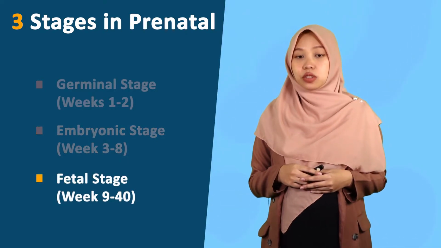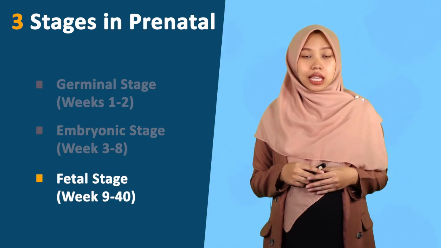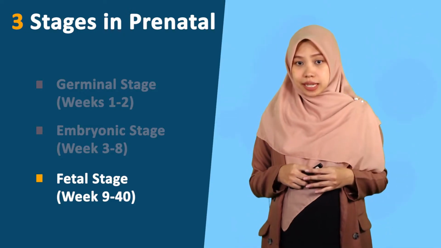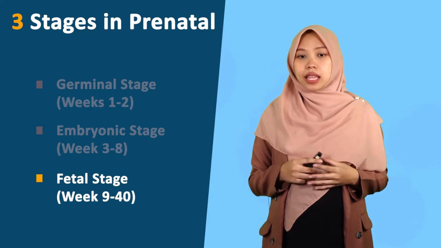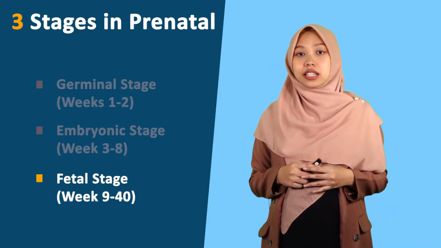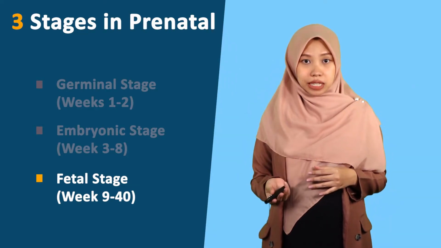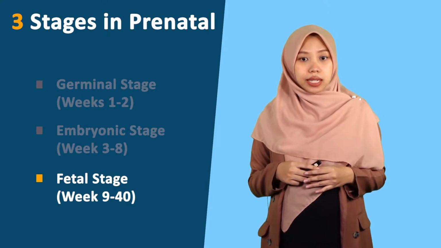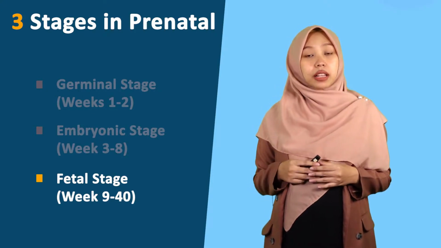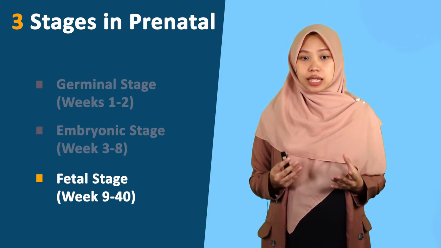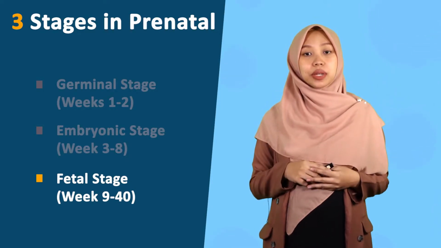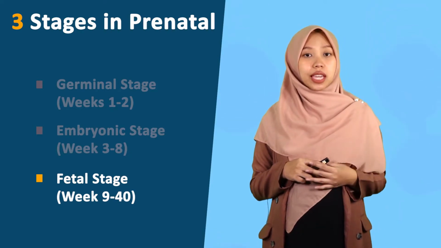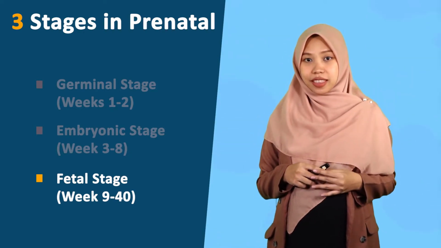And the last stage is called the fetal stage. It is in week 9 to 40. Once cell differentiation is mostly complete, the embryo enters the next stage and becomes known as a fetus. The fetal period of prenatal development marks more important changes in the brain. This stage begins during the 9th week and lasts until birth.